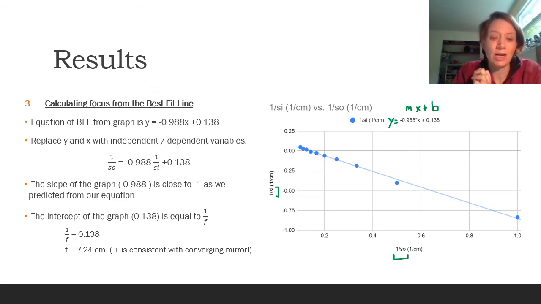So that positive sign tells me that we're talking about a converging mirror, or that concave mirror. So we could not only tell what the focal length is, but actually what kind of device it is as well. So that's pretty interesting. And we can also take a look at the magnification, how that affects how our results actually match up with our prediction of the focal length of the mirror. So there you go, you did it.